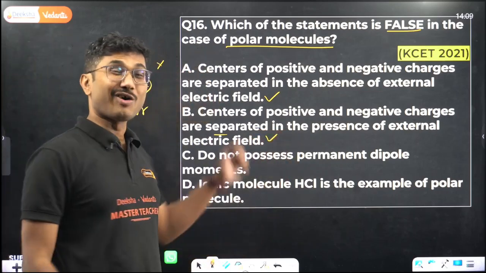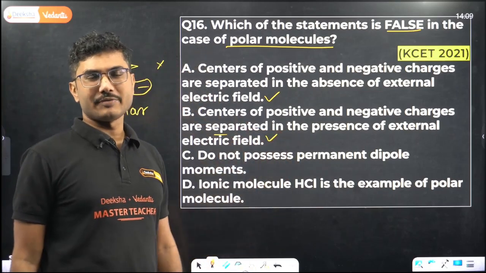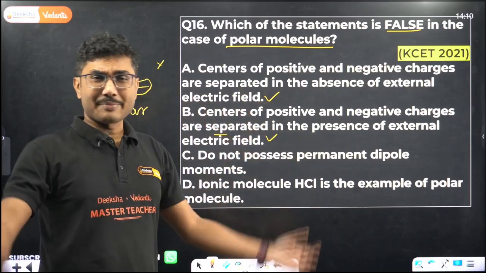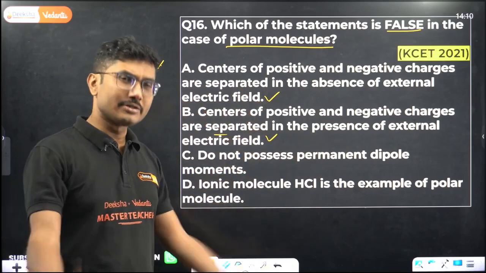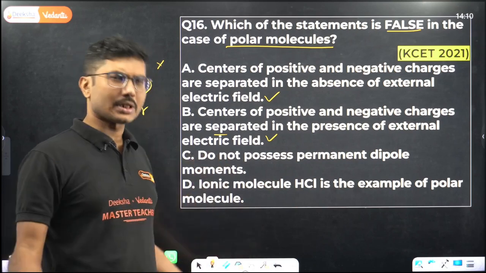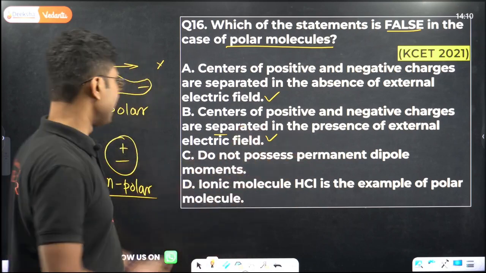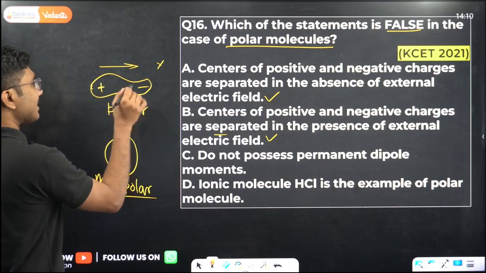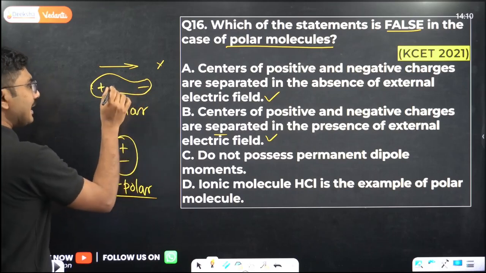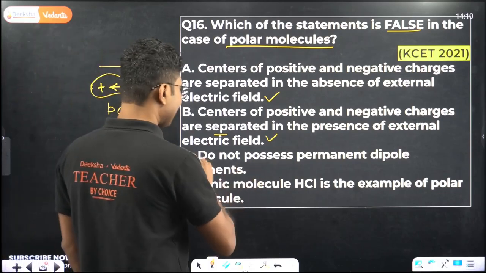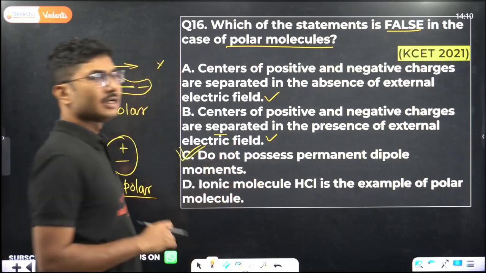If it was mentioned that they separate only in the presence of electric field, then it would have been incorrect. But in absence of electric field they are separated, and in presence also they are separated, both are correct. Do not possess permanent dipole moment: because their centers are already separated, they do have a permanent dipole moment from negative to positive. So this statement is incorrect. This is the false statement.